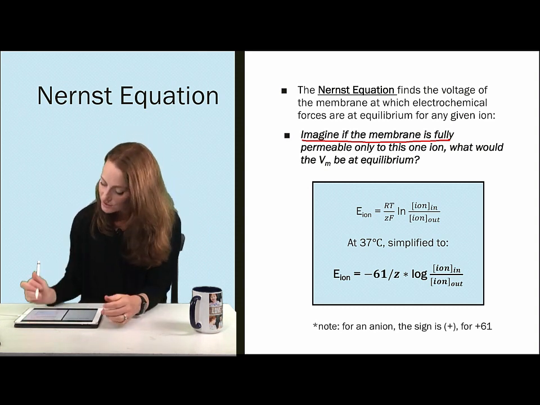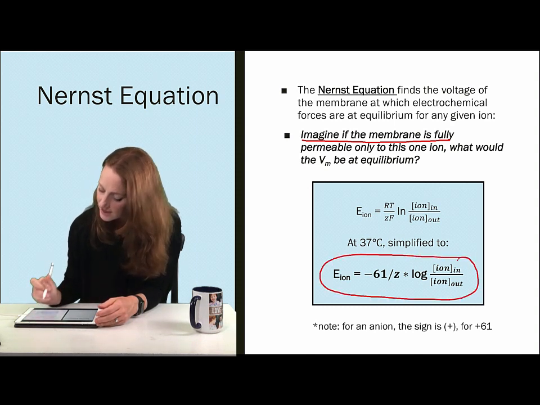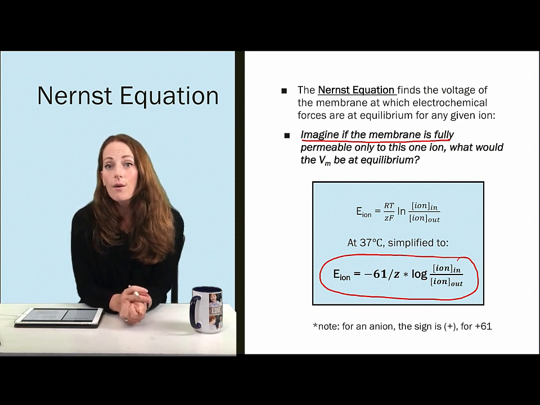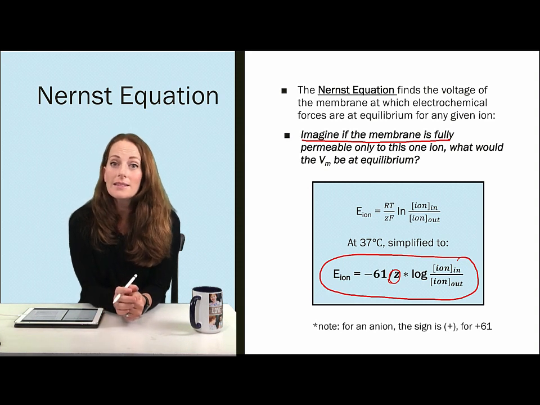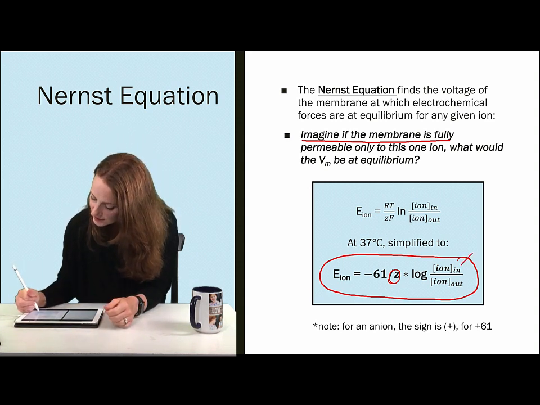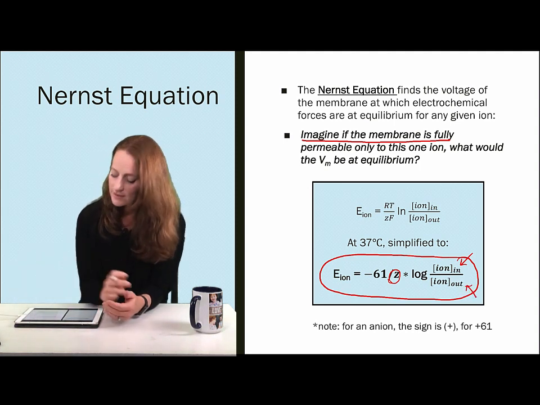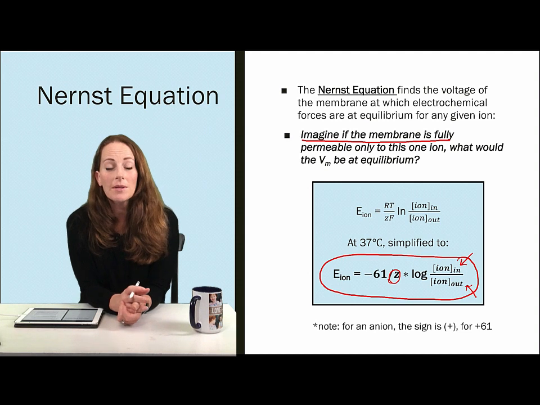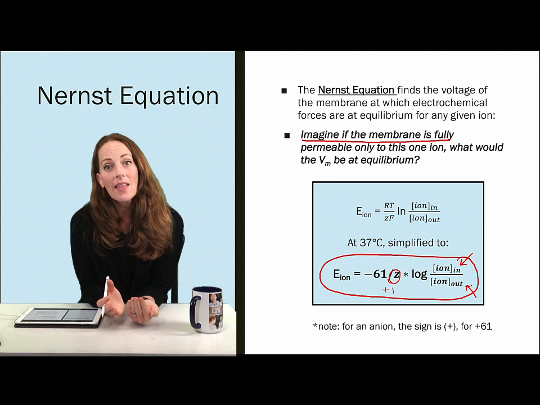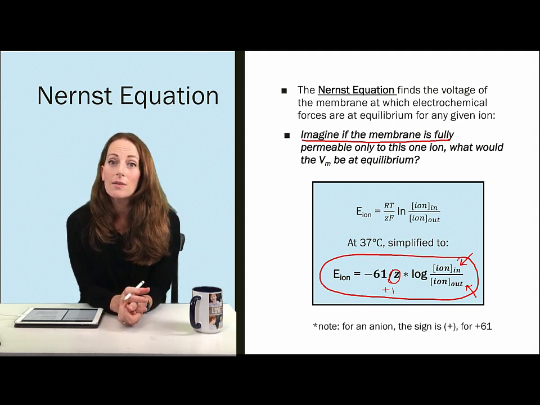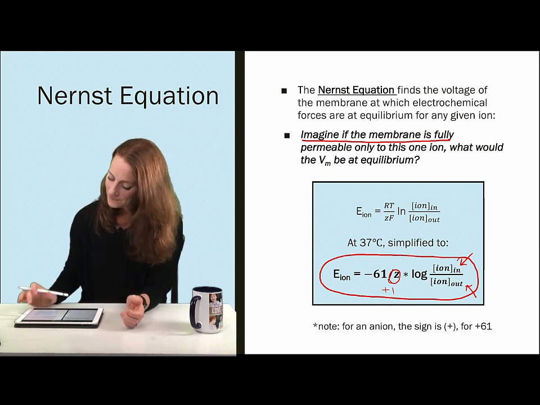We simplify the Nernst equation to the equilibrium potential for an ion is negative 61 over Z, which is the charge of the ion, times the log base 10 of the concentration inside the cell versus the concentration outside the cell. For sodium and potassium, Z is +1, so that makes it very simple. And then you just have to plug in the values, millimolar values, for inside versus outside the cell.